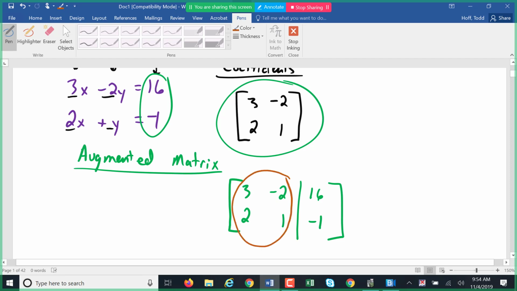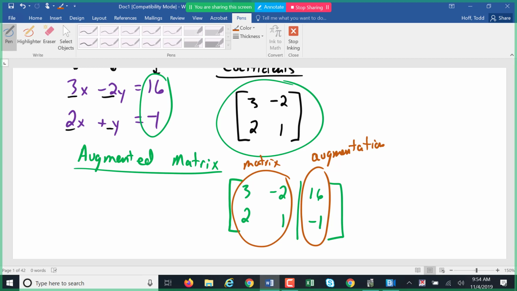So this is really the matrix itself. This piece in here is the augmentation. Like I said, the 16 and -1 here are along for the ride. Anything we do with the other numbers, we're going to do with them as well, but we don't use the 16 and the -1 in the process of determining what needs to be done.